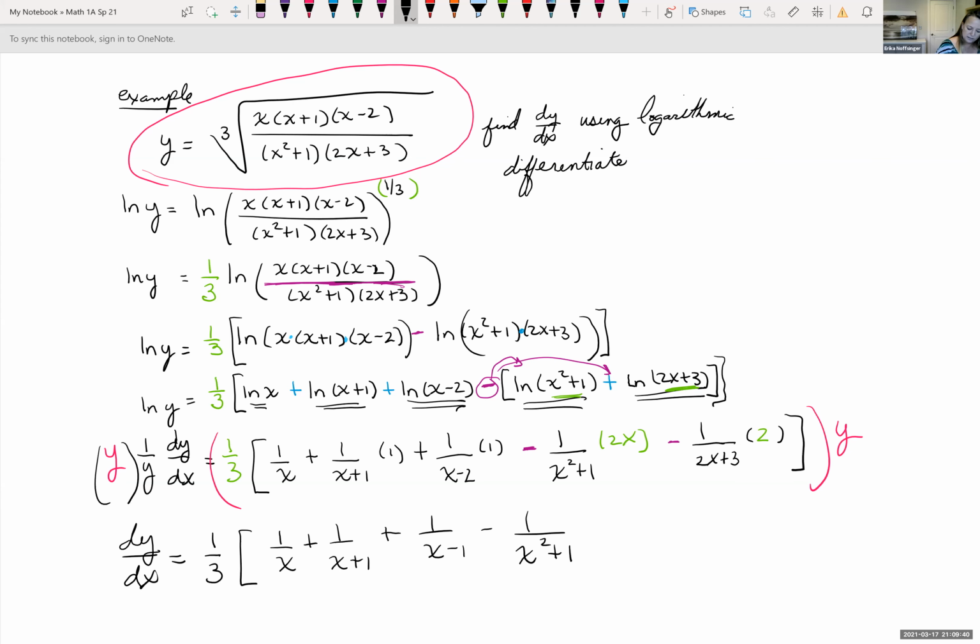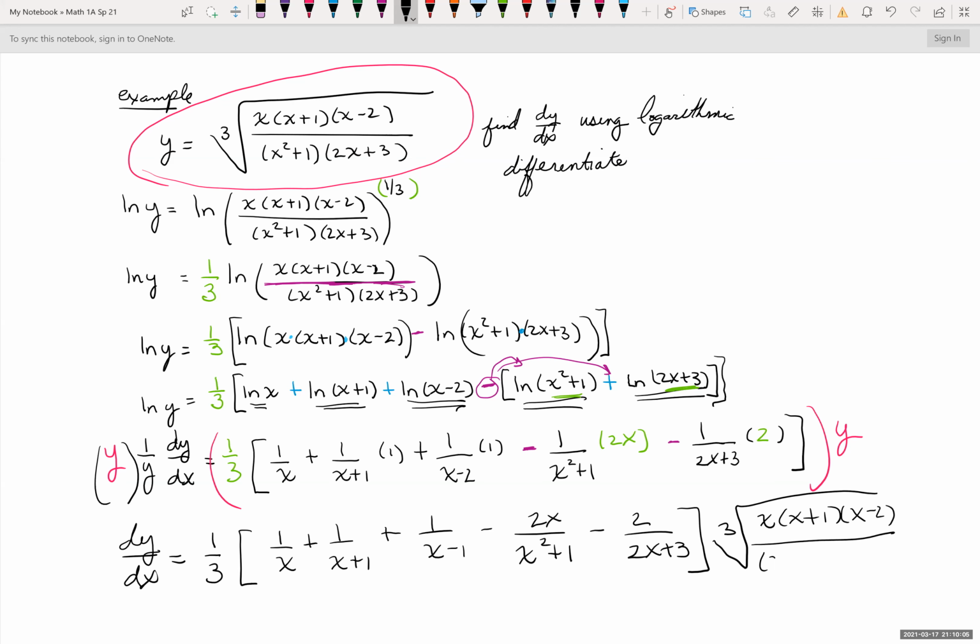Oops, that would be a 2x over x squared plus 1 minus 2 over 2x plus 3, all times y, but y was that cubed root of x, times x plus 1, x minus 2, all over x squared plus 1, times 2x plus 3.